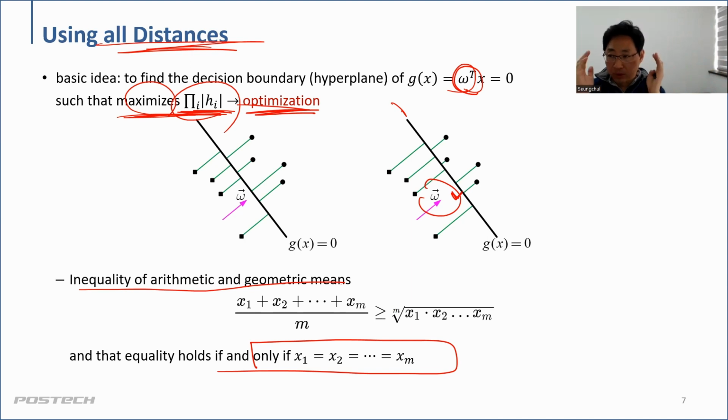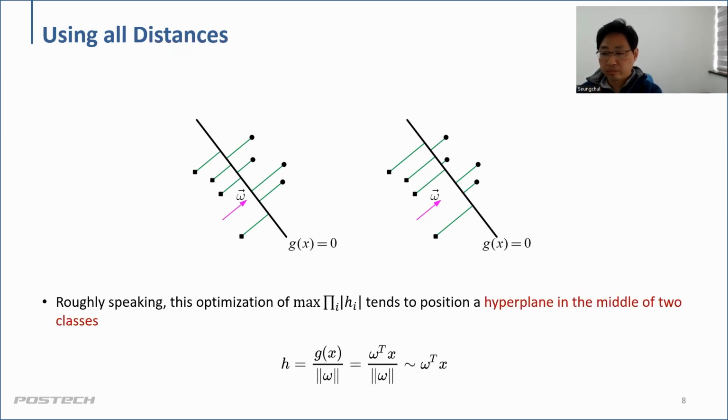The only message that I want to give you at this moment is that logistic regression, which is another linear classification algorithm, utilizes all the distances. How do you do the optimization? You multiply those distances, and I want to find the omegas that maximize those multiplications.